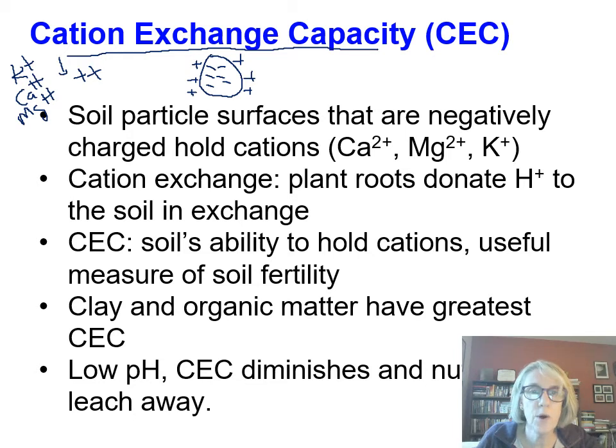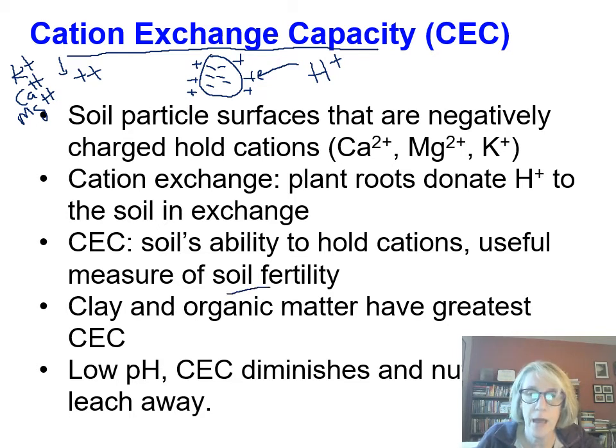Okay, so soil particle surfaces that are negatively charged hold cations, and then what happens is the plant roots can donate protons, so they donate hydrogen ions. So again, here's our positive charge, so that hydrogen ion can then bump off the nutrient, and then the plant can take up the nutrient in exchange. So that's our cation exchange capacity. This is a measure of soil fertility.